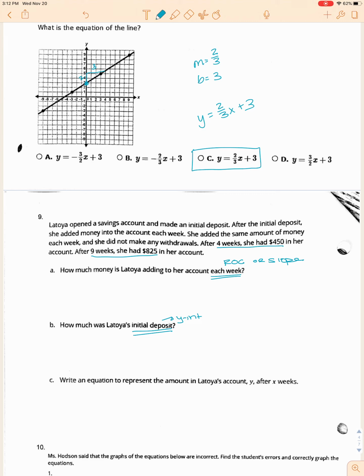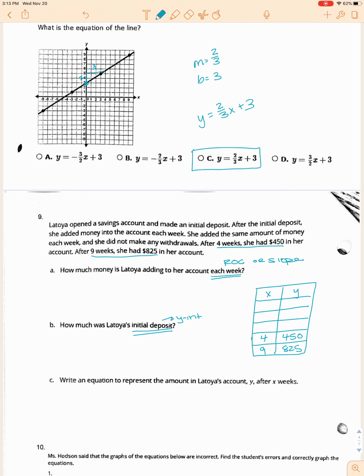All right, so now how I did this is I created a table. And by creating a table, I am able to manipulate the data that I need. So I'm going to leave a couple of these blank because I know what I'm going to need. So here I have 4, 450, and then I have 9, 825.